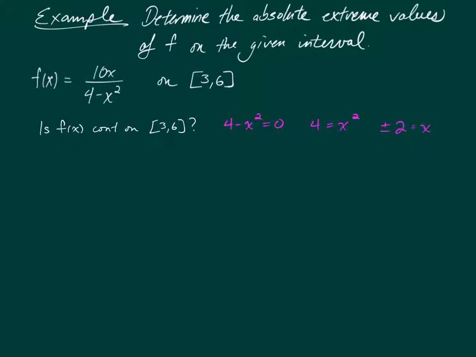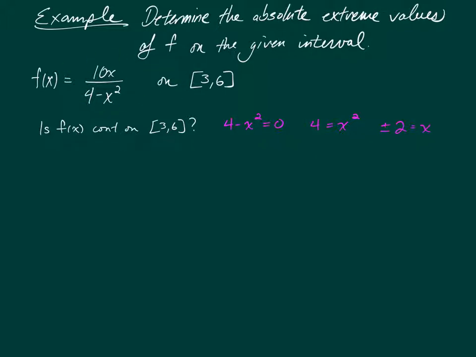And these are vertical asymptotes at x equals +2 and x equals -2. But neither of these are in the interval. So as far as this interval is concerned, yes, this function is continuous.